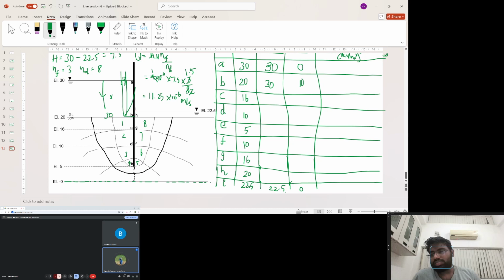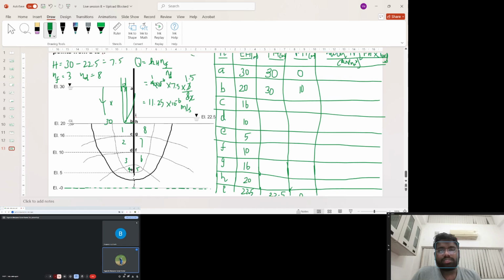That head difference is nothing but the water losing its energy to flow. That means across the entire path, the total head loss that has occurred is 7.5 meters. Now we have 8 flow equipotential drops.